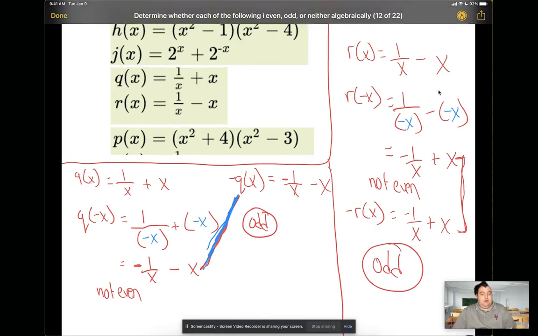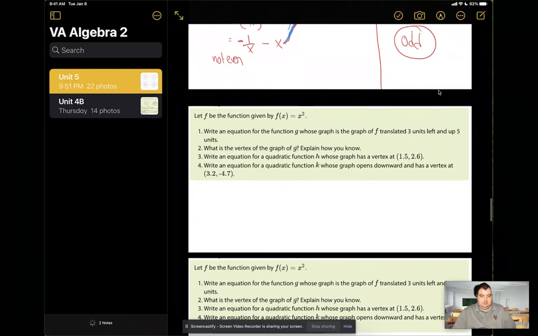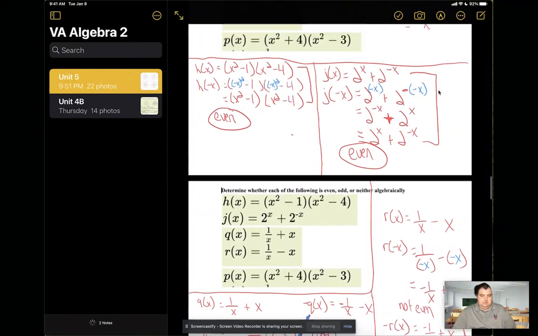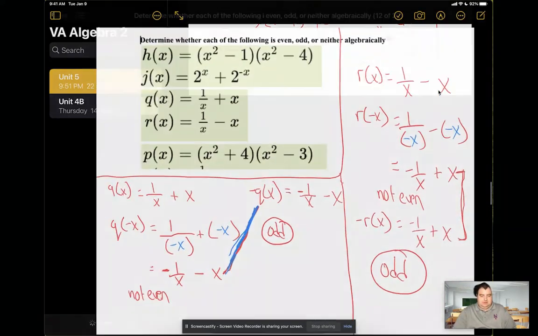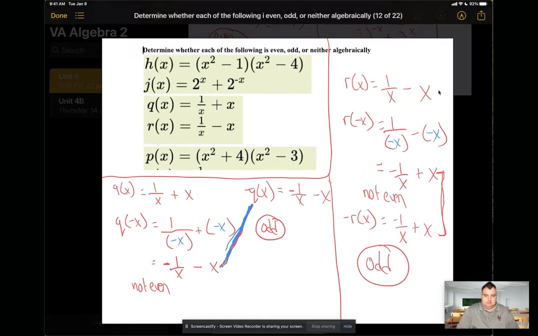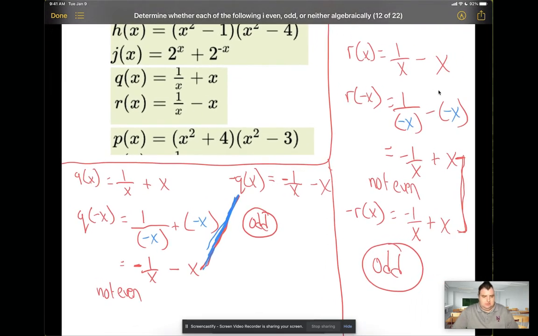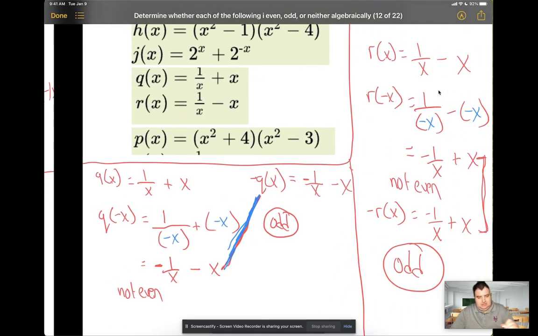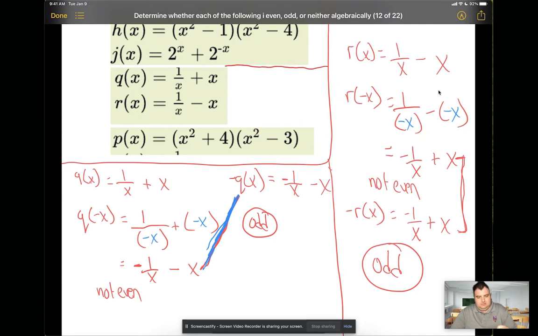All right, we have one more function left. So let's go ahead and take a look at this one up here. This one I'm actually going to do over here. So I have x squared plus 4 and x squared minus 3.